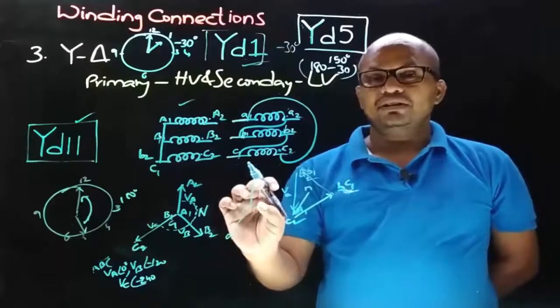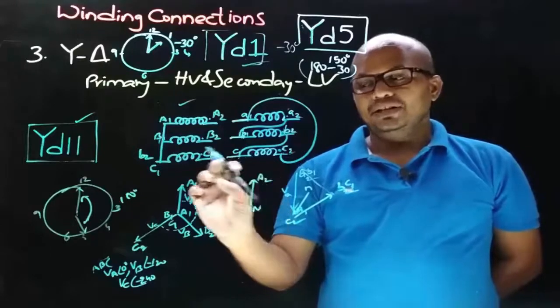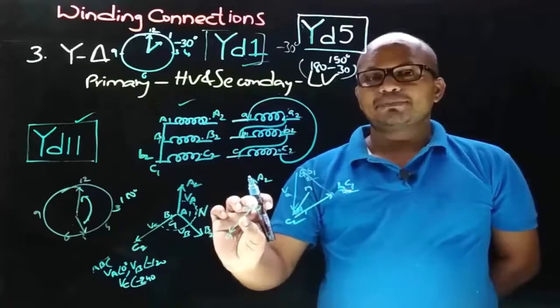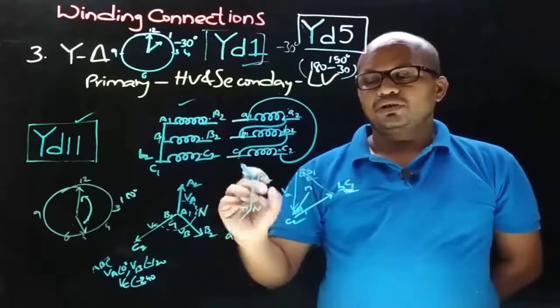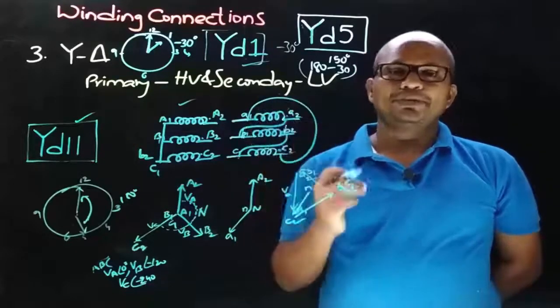The HV side phase to neutral voltage is represented with the minute needle in a clock, and the LV side phase to neutral voltage is represented with the hour needle, and the corresponding clock hour that is obtained is the numeral in the vector group symbol.